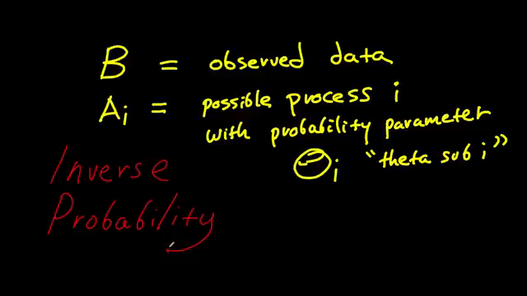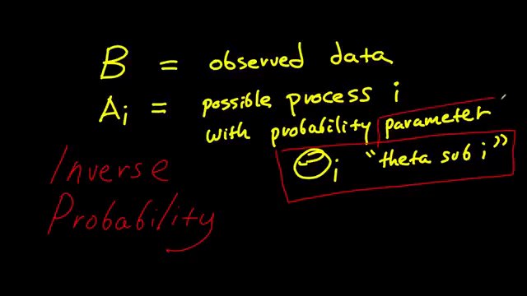And I'll give some examples of this, so this will make more sense in a moment. But we sometimes use the Greek letter theta to refer to the different parameter that might be causing the data or generating the data that we observe. And we sometimes also just use A sub I, indicating one of the possible processes that are generating the observed data. They're essentially, for our purposes, equivalent.